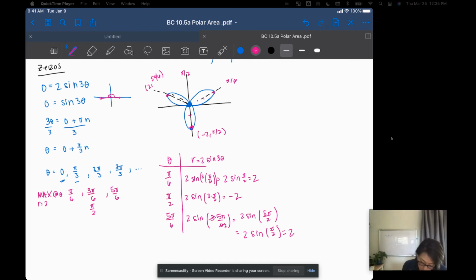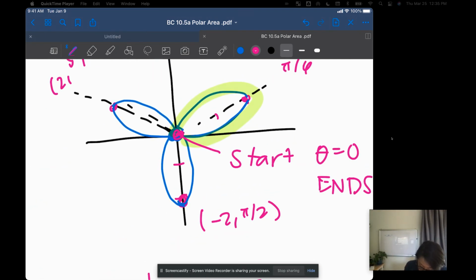So I'm just going to get the area of this first quadrant petal. We start at theta equal to 0, and the petal ends when it goes back to the pole at pi over 3. So the area we're looking at is from the pole to the curve, like adding up all the little lengths from the pole to the edge of the curve around this one petal.